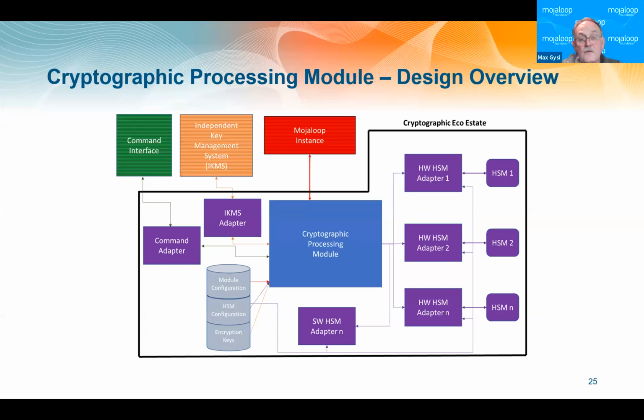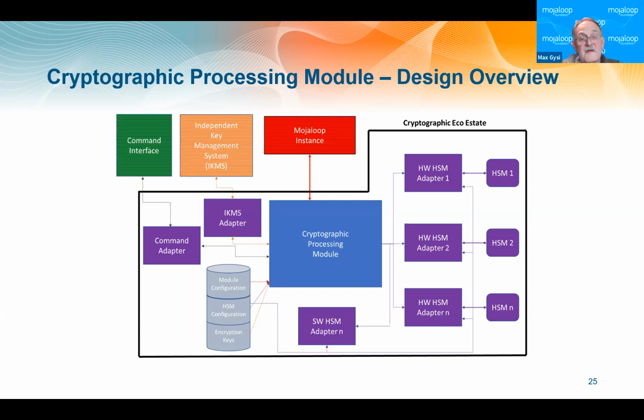They would actually lose some of their processing licenses if they tried to implement software. So by putting in the hardware HSMs through adapters, I'm hoping to reduce any impact on the outside world on the cryptographic processing module.